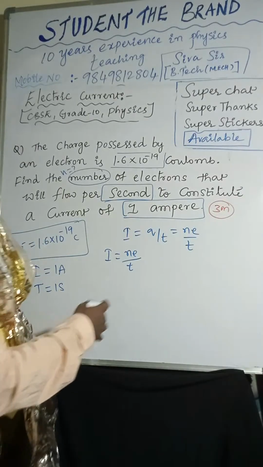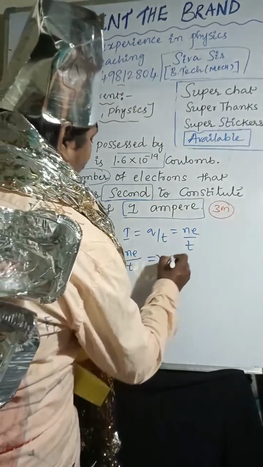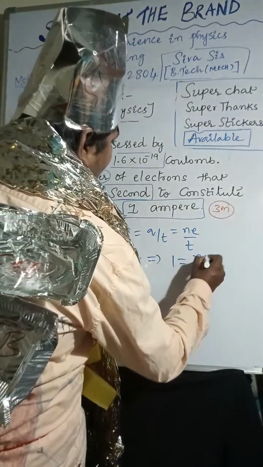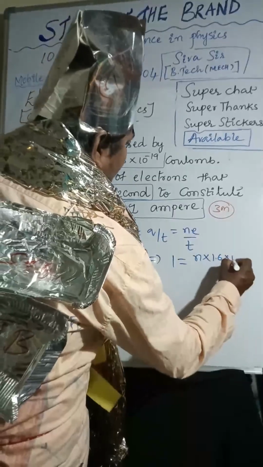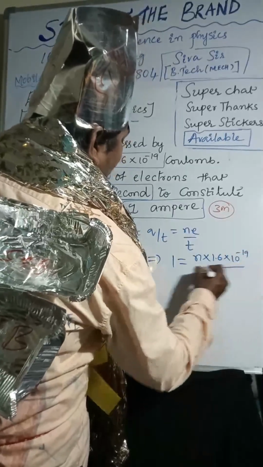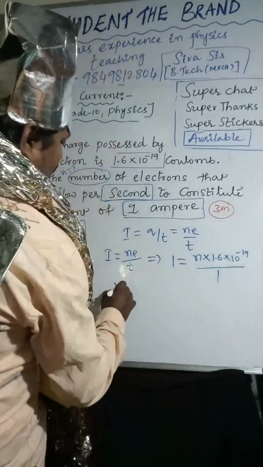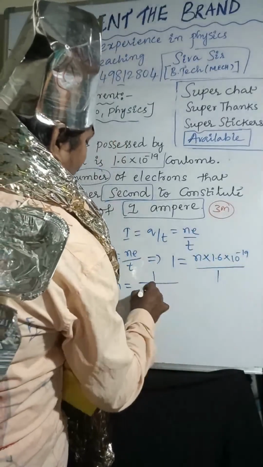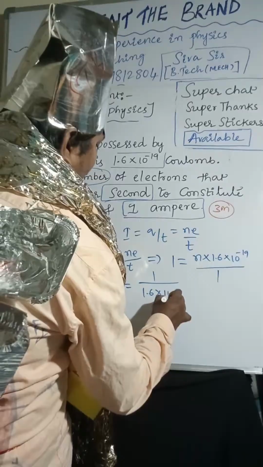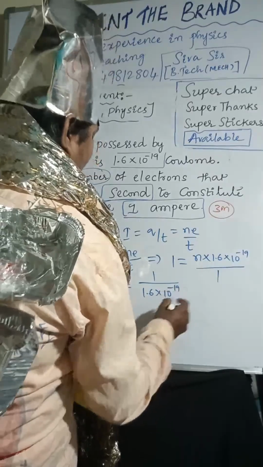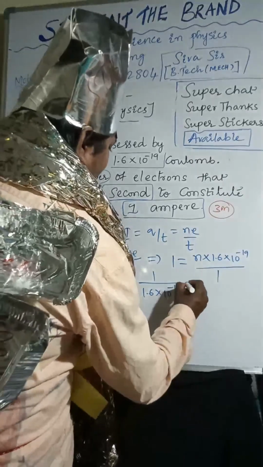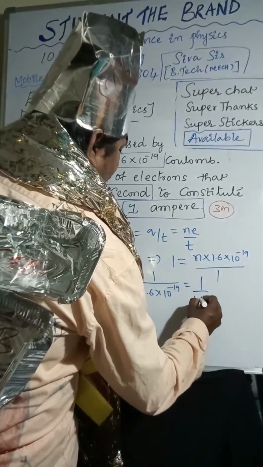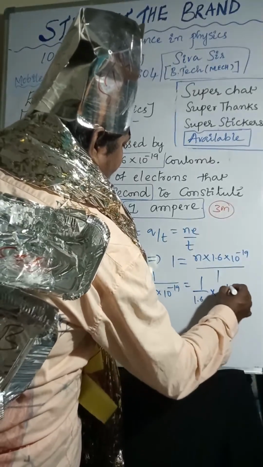Now you can substitute the values here. 1 equal to n into 1.6 into 10 power minus 19 coulomb by 1. So n equal to 1 by 1.6 into 10 power minus 19, which is 1 by 1.6 into 10 power 19.